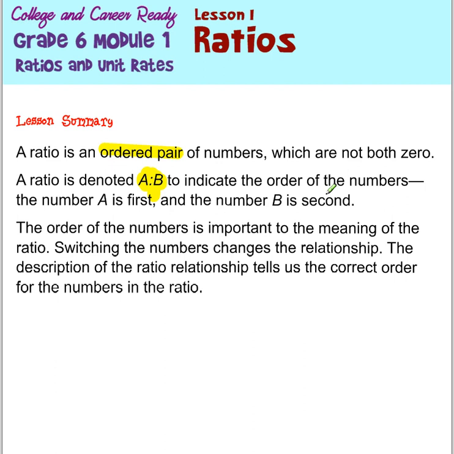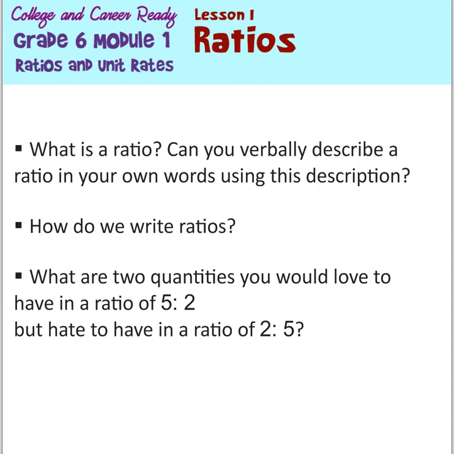A is first and B is second. And remember, order is important to the meaning of the ratio. So switching the order switches the relationship. So that's the magic about ratios.